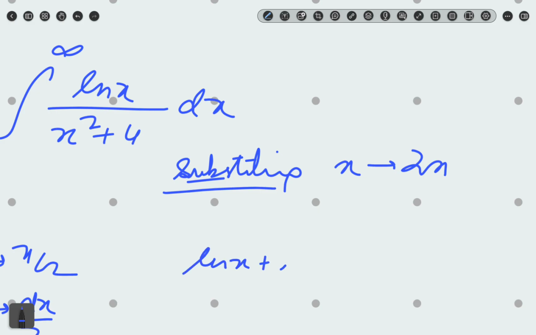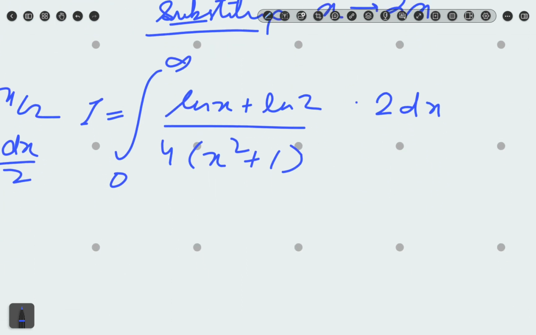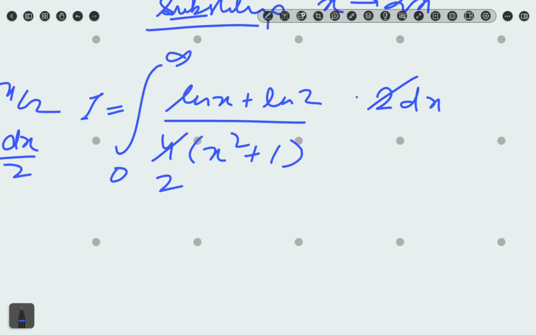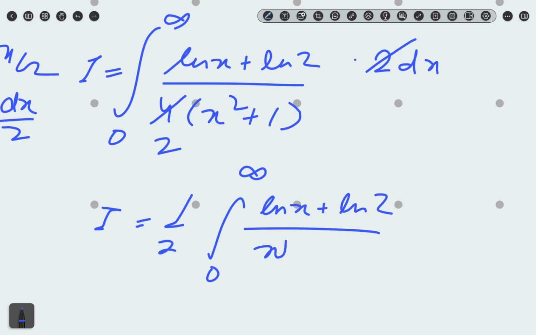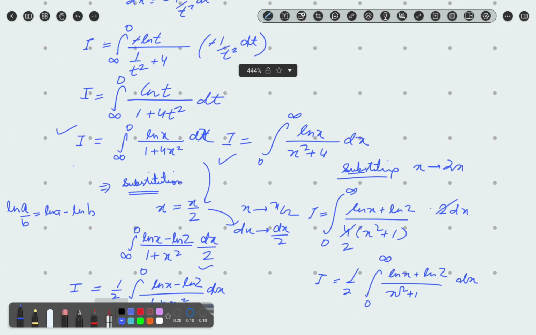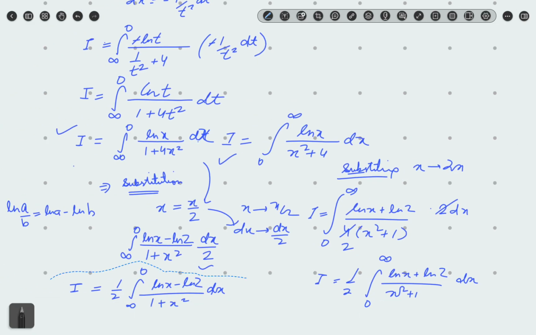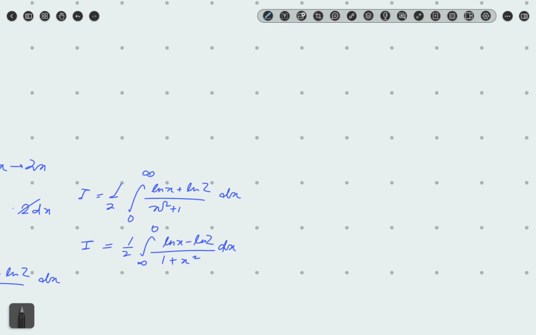So this becomes ln x plus ln 2 into 2 dx, and 4x square plus 1, integration remains same, and this 2 cancels out from this 2, this I becomes 1 by 2, 0 to infinity, ln x plus ln 2 over x square plus 1 dx, right? This was our first manipulation, this was our second manipulation, right?